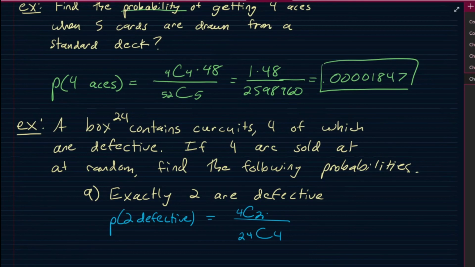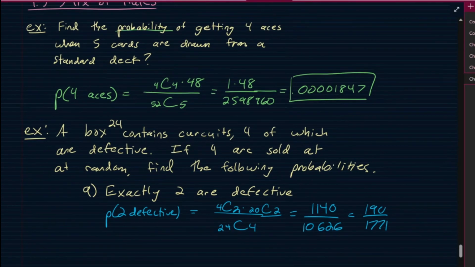So if there's 24 circuits total, that means there's 20 that are not defective, and we're also choosing 2 of those. Multiplying these together, doing all this math, we get 1140 over 10,626, which is 190 over 1771, which you could also get as a decimal.